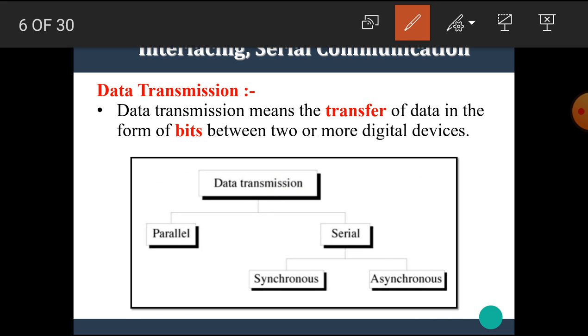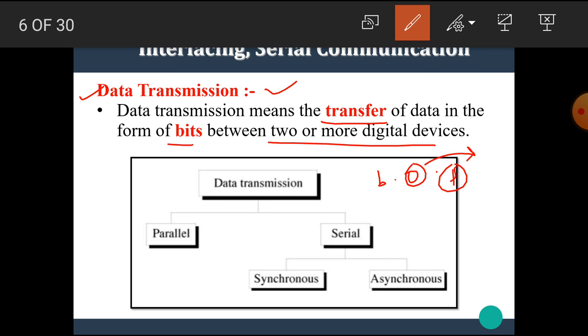Now let's see the concept of data transmission. Data transmission means transfer of data in the form of bits between two or more digital devices. We know that in digital circuits the data is available in binary format, that means in the form of zeros and ones. These zeros and ones are transferred from one place to another place.